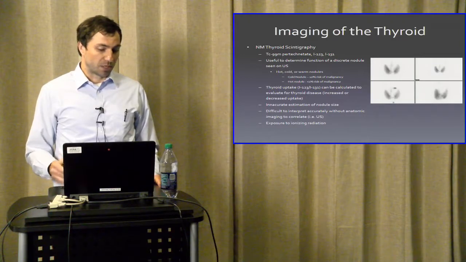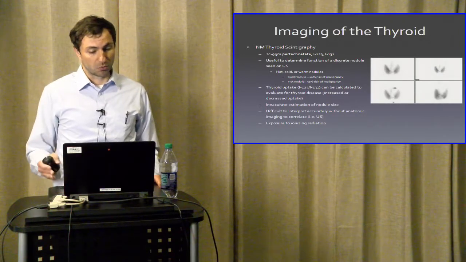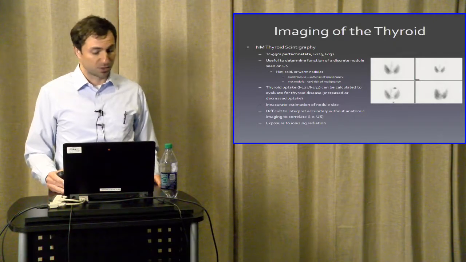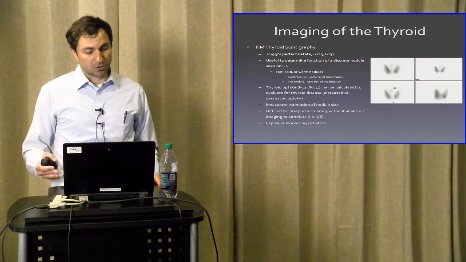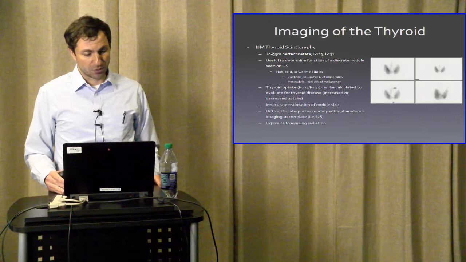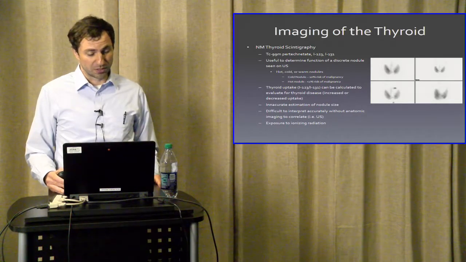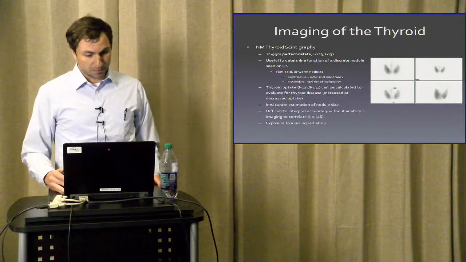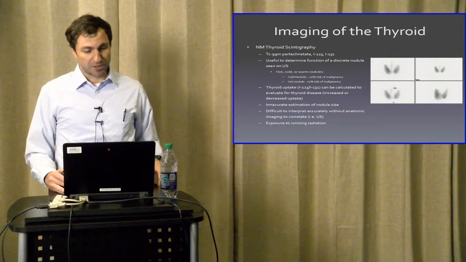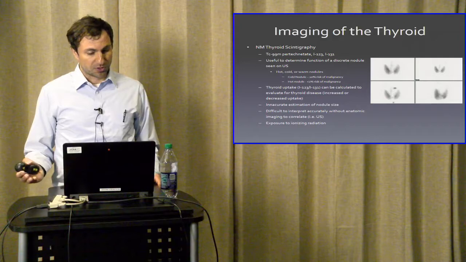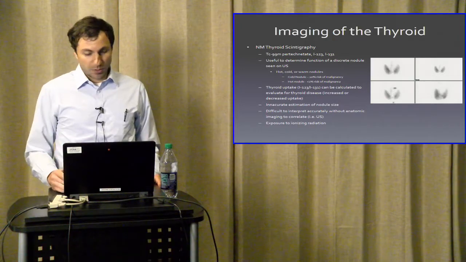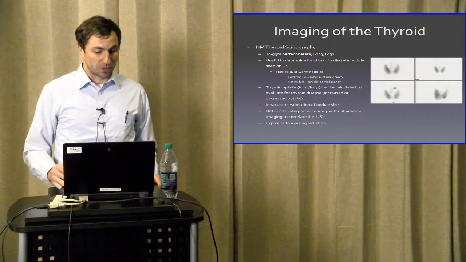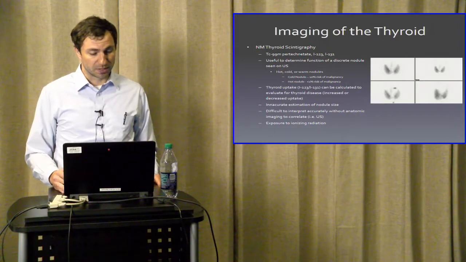We can classify a nodule as hot, cold, or warm, with cold nodules demonstrating roughly a 10% risk of malignancy, and hot nodules demonstrating a relative risk of malignancy of less than 1%. So that information can be useful in some instances. And then we can calculate the thyroid uptake, which is essentially a measurement of the metabolic activity of the thyroid, which is useful in distinguishing between different disease states of the thyroid.